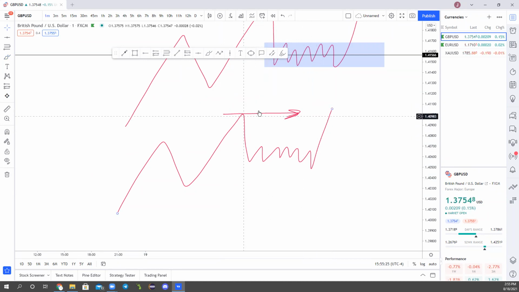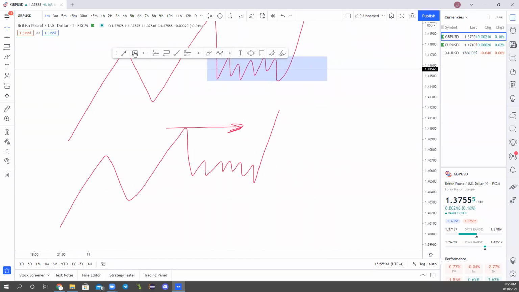This push above here confirms the validity of this demand because it tells us that this had enough force to create a higher high, which means we're continuing with the trend, right? We're continuing with the uptrend, and this caused continuations to the upside. So it's a cause and effect, right?